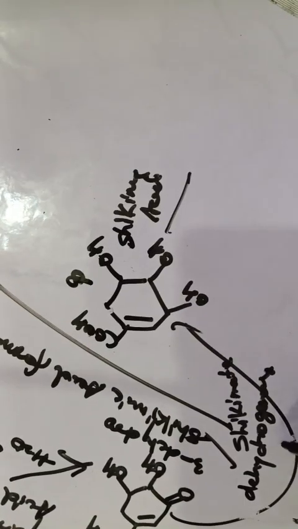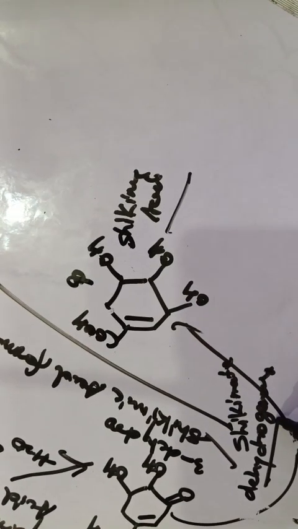This shikimic acid is formed from 3-dehydroshikimic acid by using the enzyme shikimate dehydrogenase.